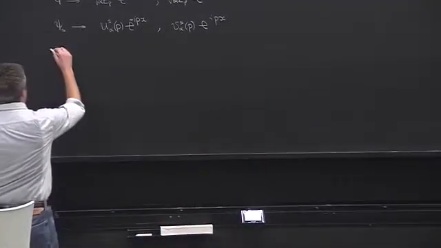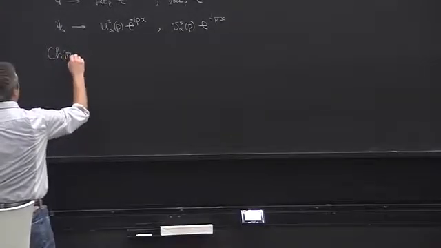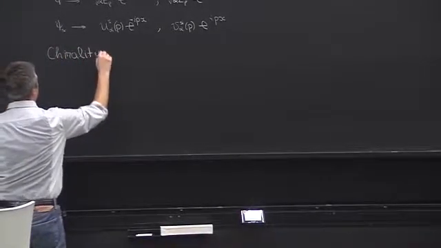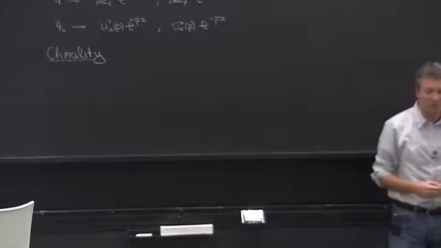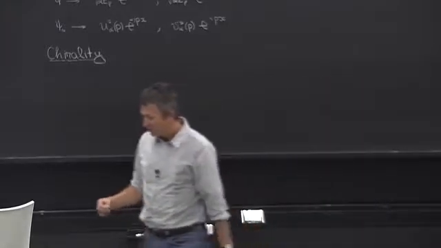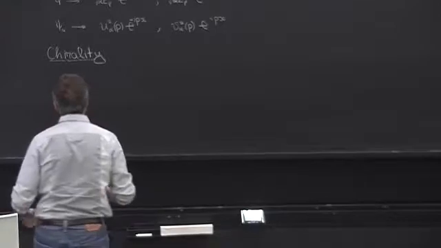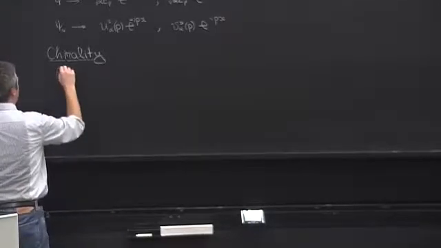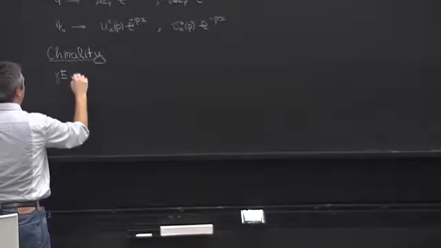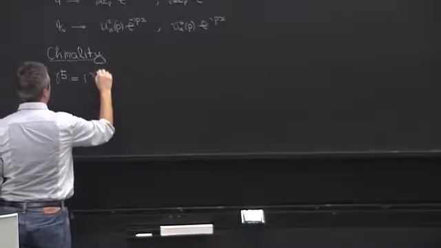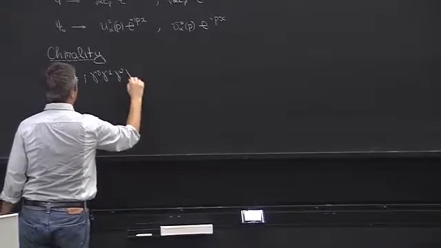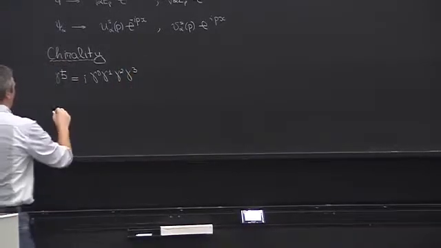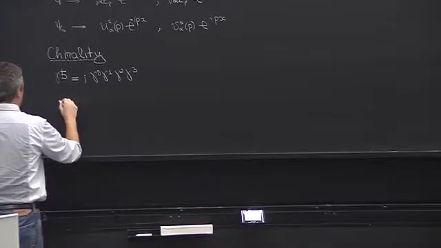Then we started to discuss chirality and helicity of the spin of massless Dirac fermions. Let me remind you that we have introduced the fifth Dirac matrix, which is the product of all of them. This matrix has the following properties.